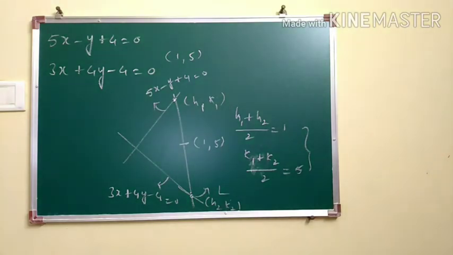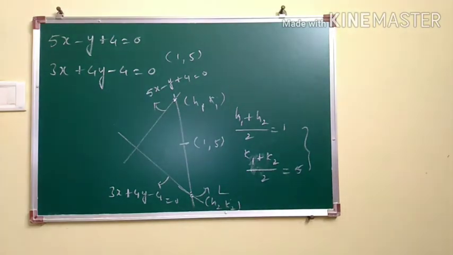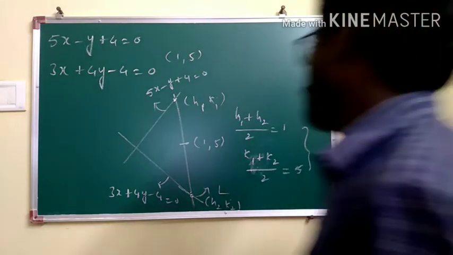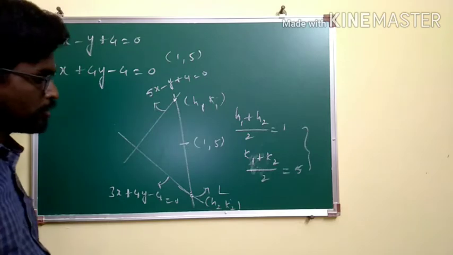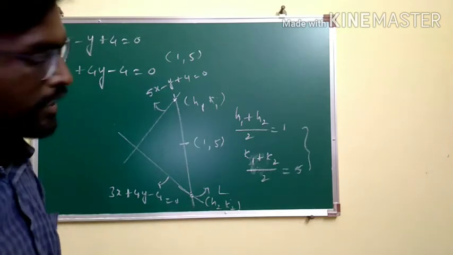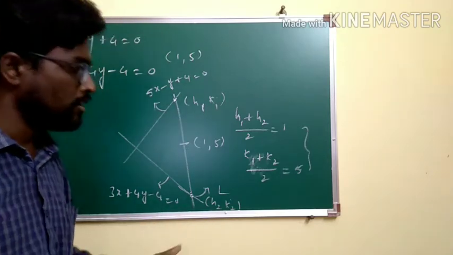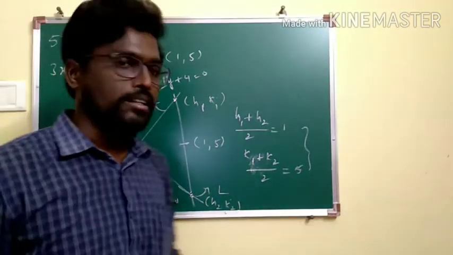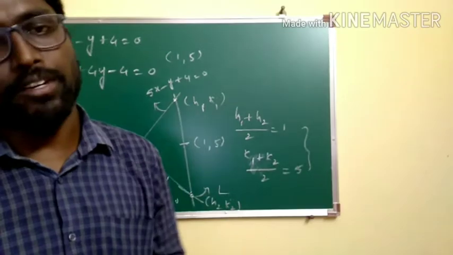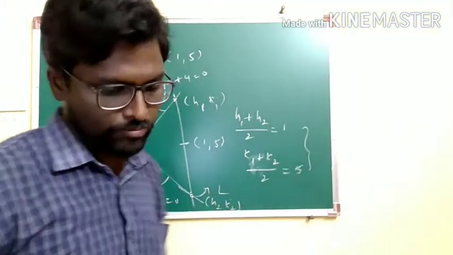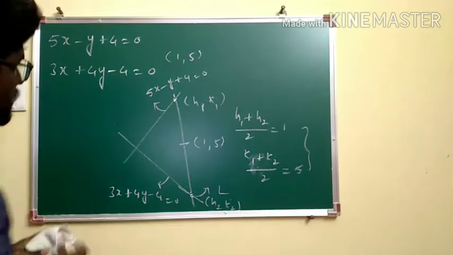Observe carefully. If we solve for h1, k1 and h2, k2, we can get the equation of the line using the two-point formula, that is y minus y1 is equal to m into (x minus x1), where m is equal to (y2 minus y1) by (x2 minus x1). Okay, let us see.